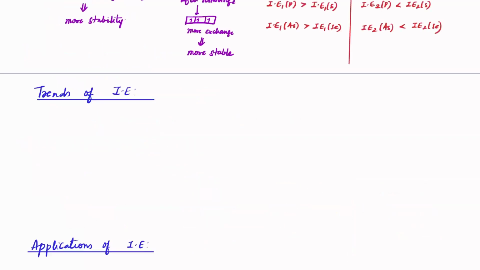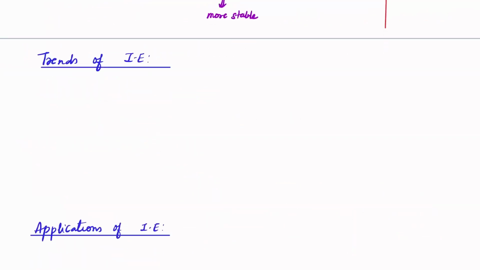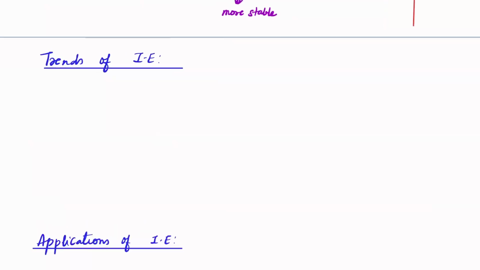Now, lastly, check out the trend of ionization energy. If you go from left to right here, you will notice that lithium is lesser than boron, lesser than beryllium, lesser than carbon, oxygen, nitrogen, fluorine, and neon.